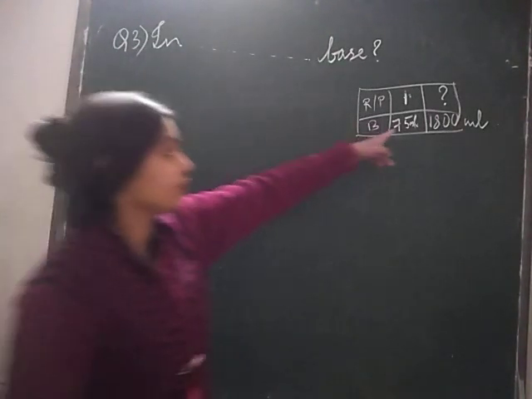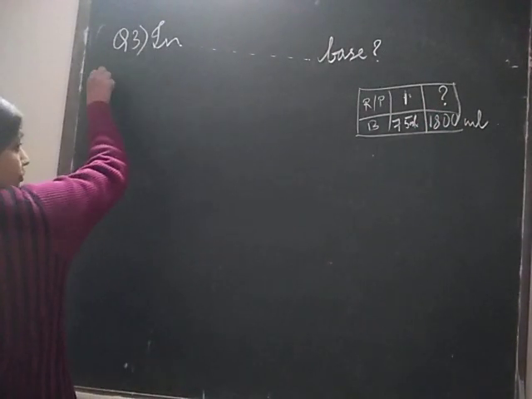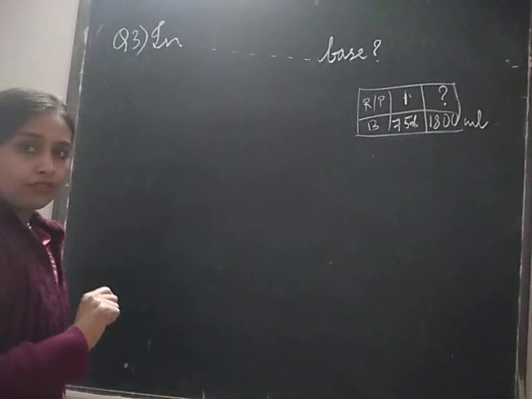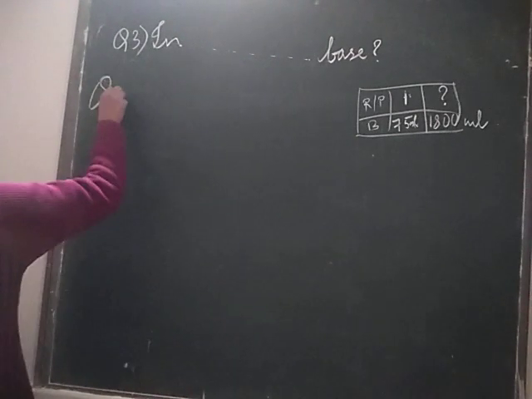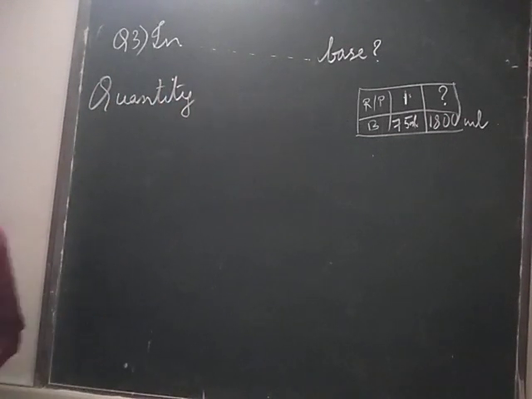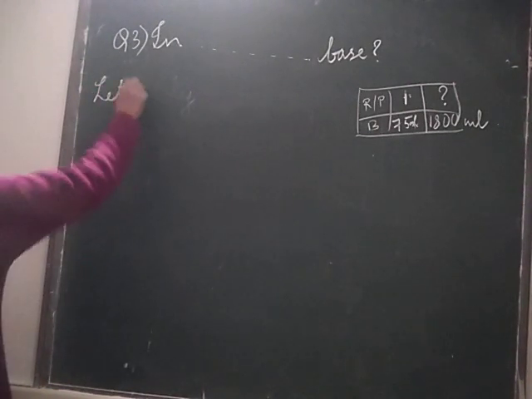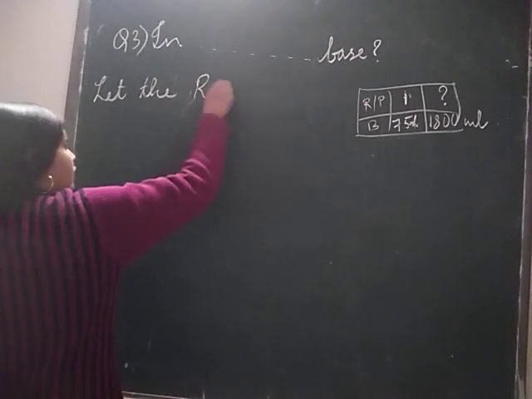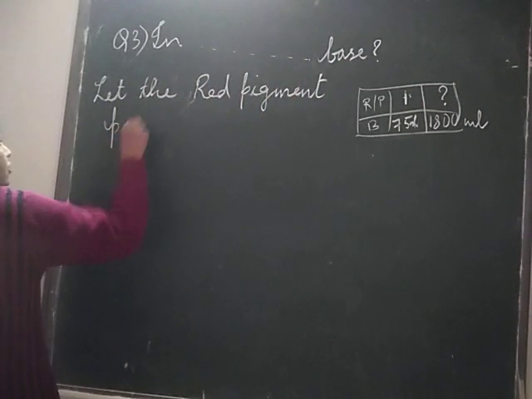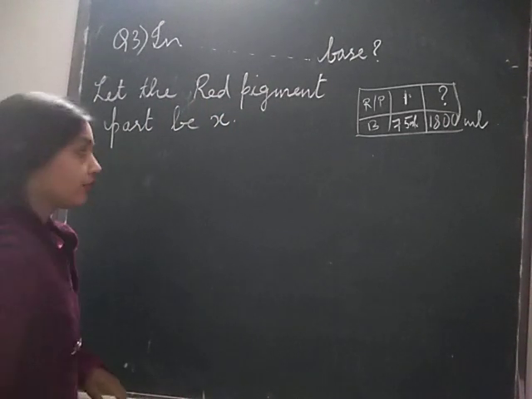So again we assume the red pigment as X. Okay, so let's start. First, what is given? One part of red pigment, 75 milliliters of base is used. So first let's assume let the red pigment part be X. This is for 1800 milliliters of base.